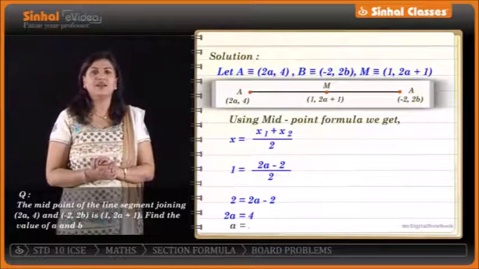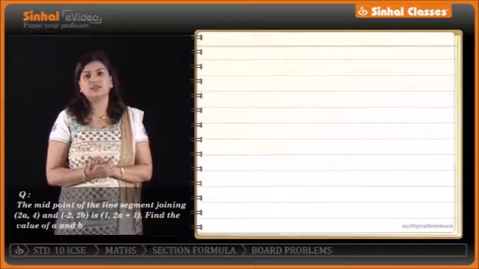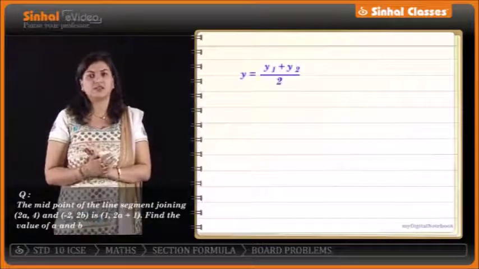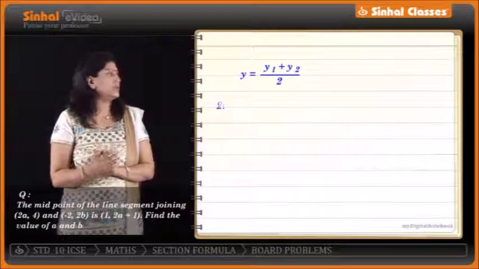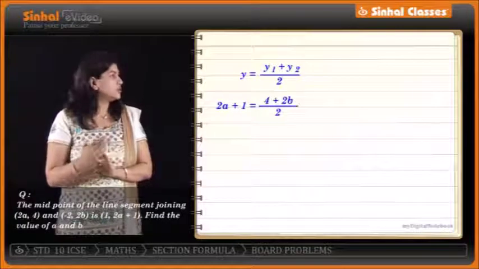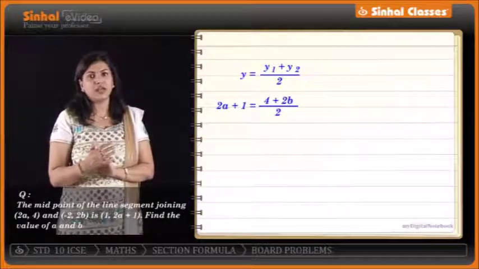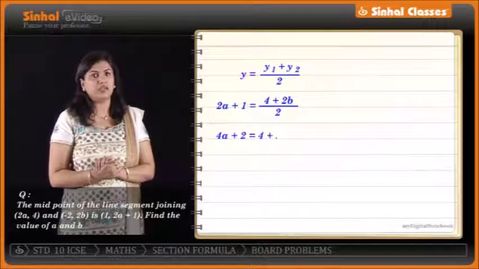Now same way we'll do for the y coordinate. We have y is equal to (y1 plus y2) upon 2, that is 2a plus 1 equals (4 plus 2b) upon 2. Cross multiply, 4a plus 2 is equal to 4 plus 2b.